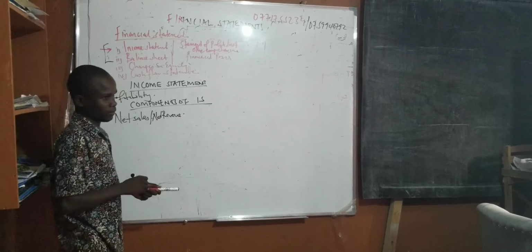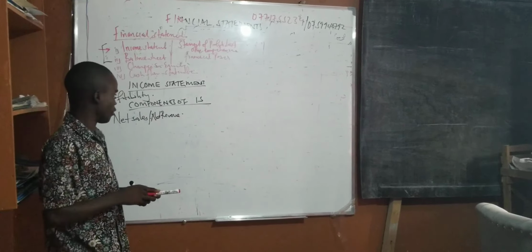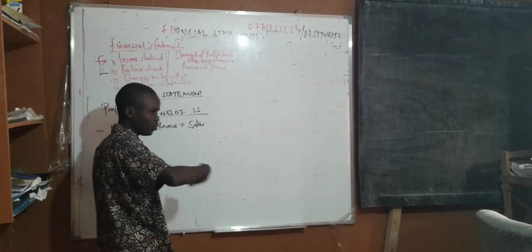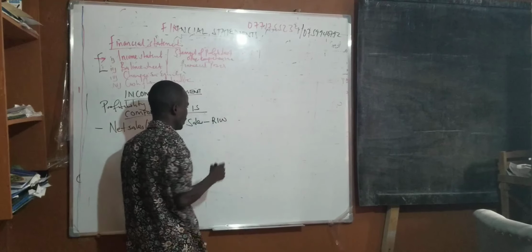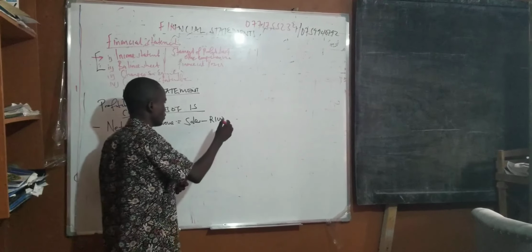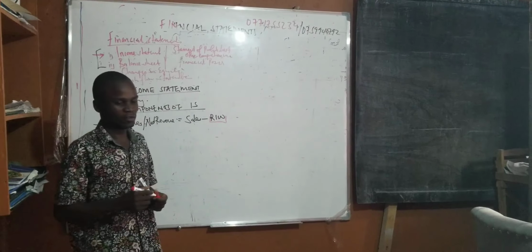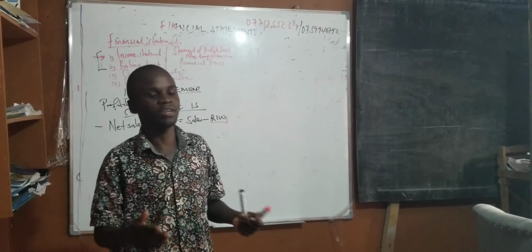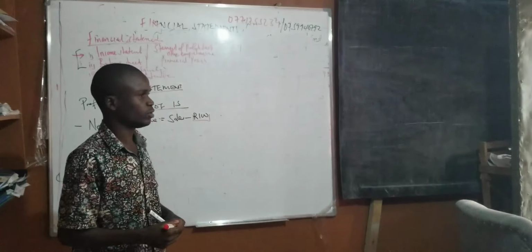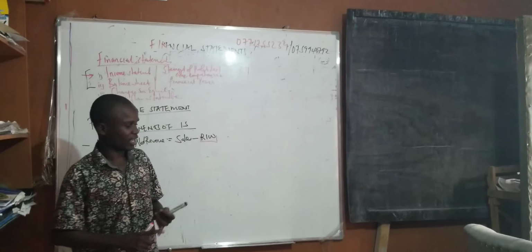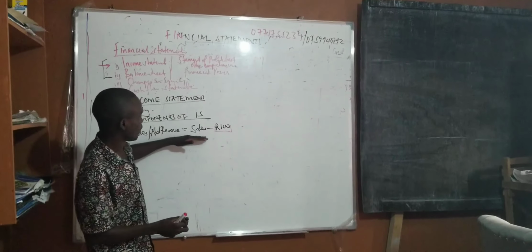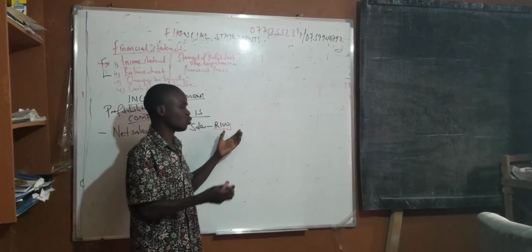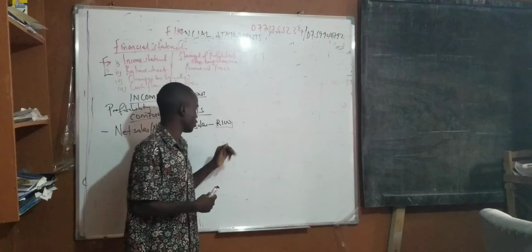It's the excess of the revenue over the returns. We know sales, what you sell in the business, minus return inwards. What are return inwards? Return inwards refers to all those goods that customers have returned back into the business for various reasons, for example, expiry of goods, wrong size. So to get your net sales, you get whatever goods that you sold minus what customers returned.